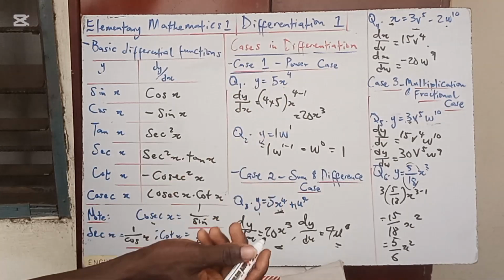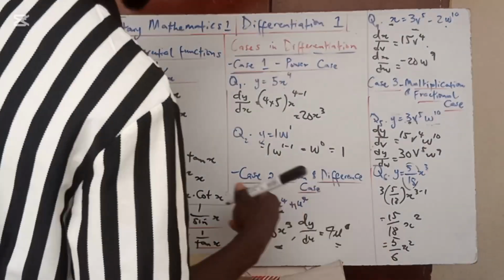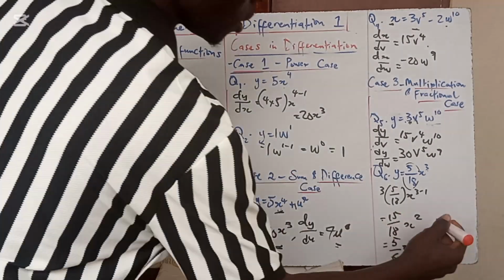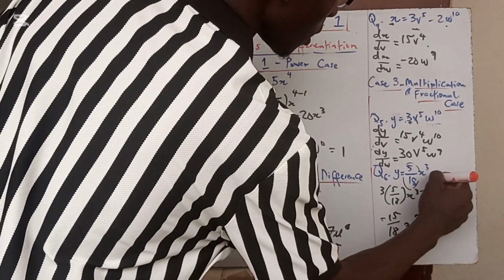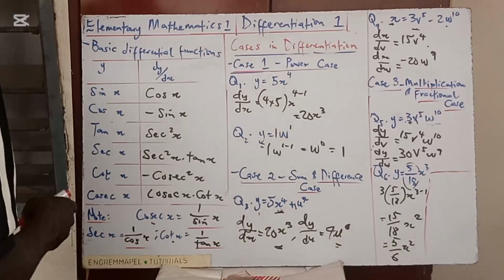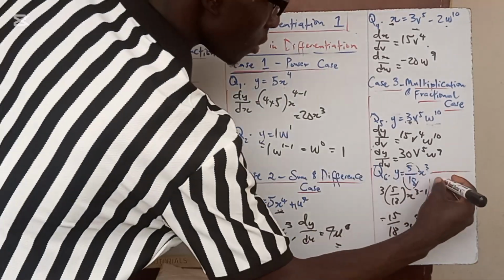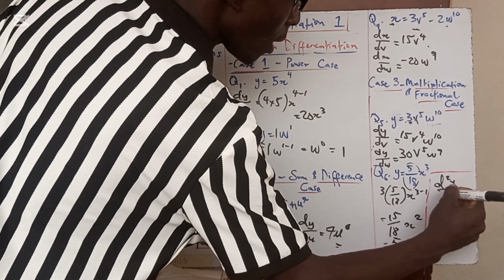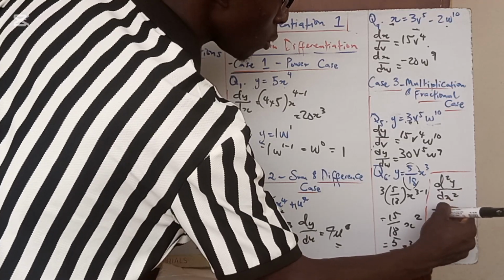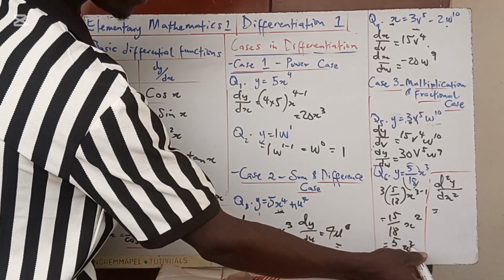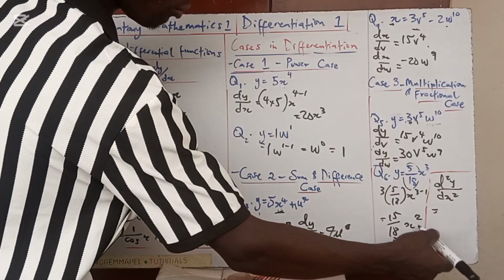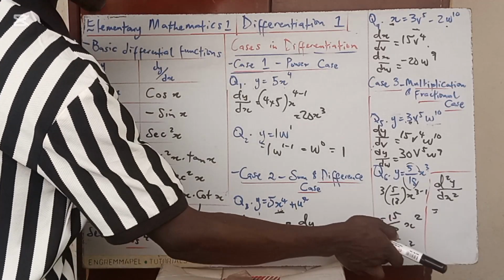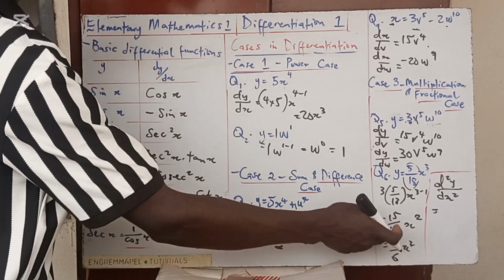So let's say they ask you to do the second derivative. You know, second derivative is d squared y dx squared, right? Let me just chip in that too. The d squared y dx squared of this will be what? You are repeating the process, so you are taking 2 multiplied by this. So if you multiply 2 by 5 over 6, that will be what? 2 multiplied by 5, that's 10.